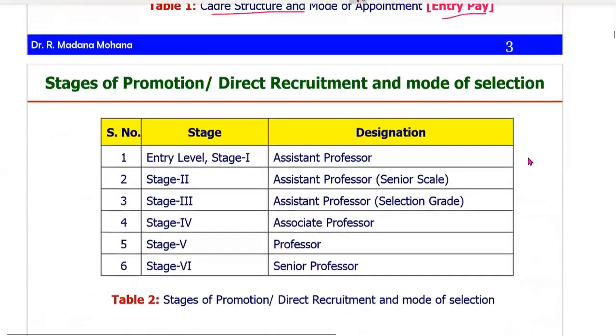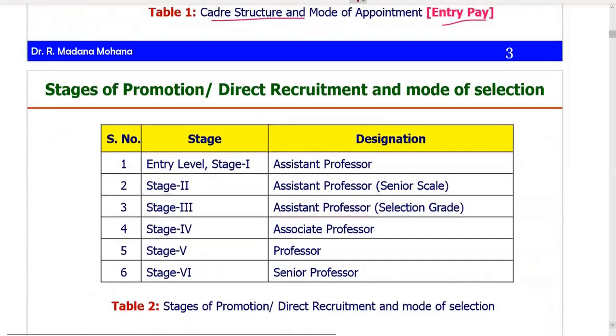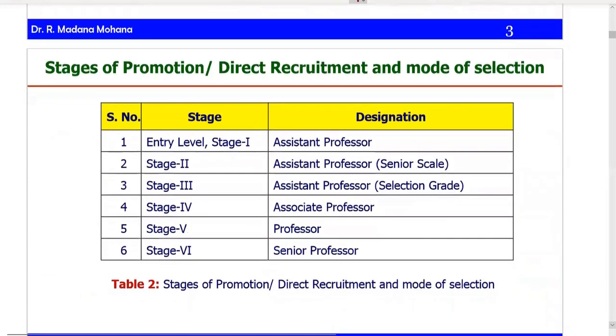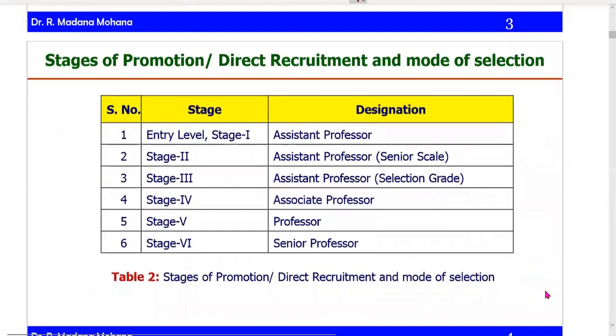Then coming to stages of promotion, or direct recruitment and mode of selection. As for the above designations, the stages are given below. First, stage 1, which is called entry level, designation is assistant professor.